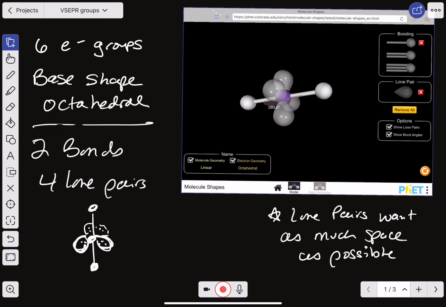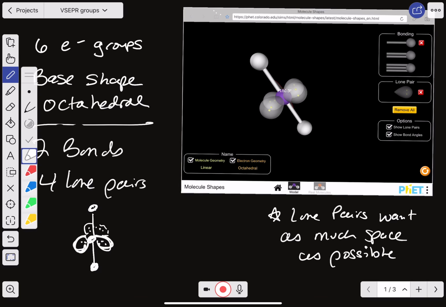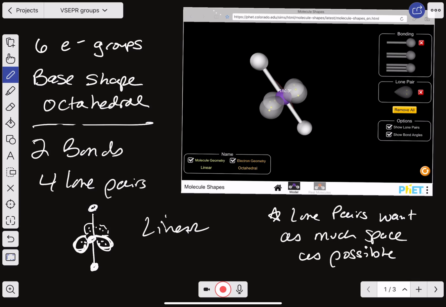I'll just go ahead and put it back in the PhET simulation. And this one is going to be linear, and I should write that down. So those are what to do when you have 6 electron groups and you want to do some VSEPR shapes. And that's the end of this video.